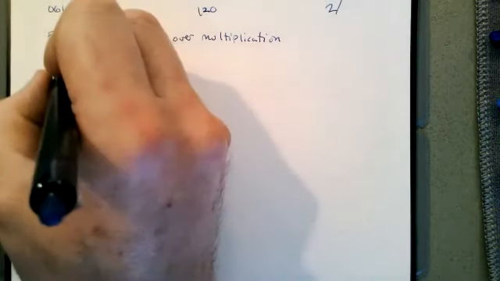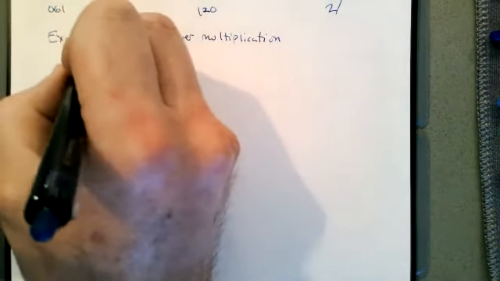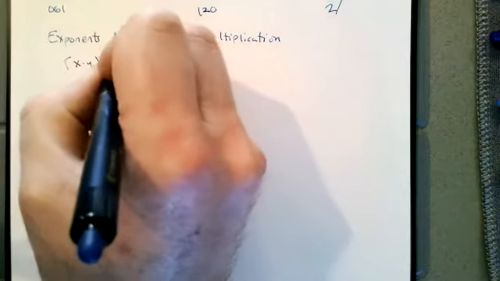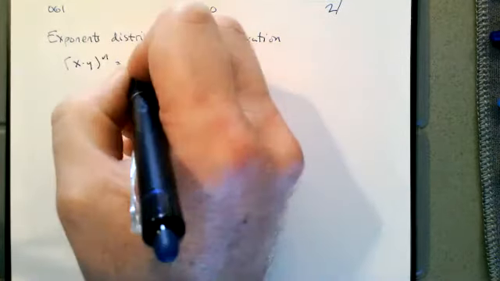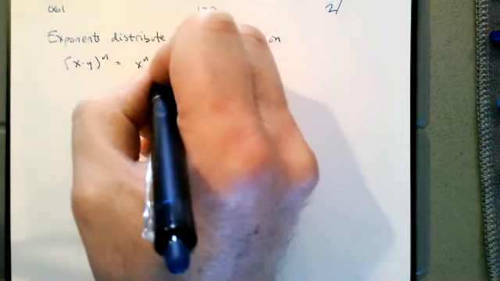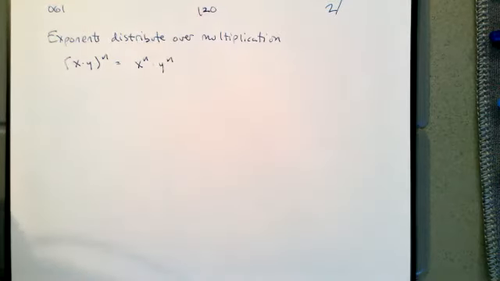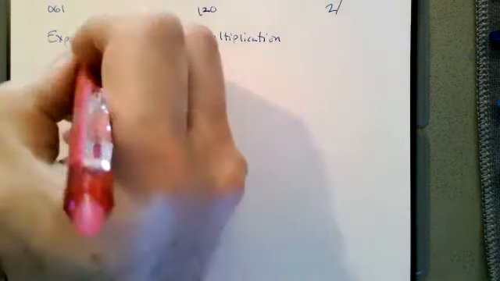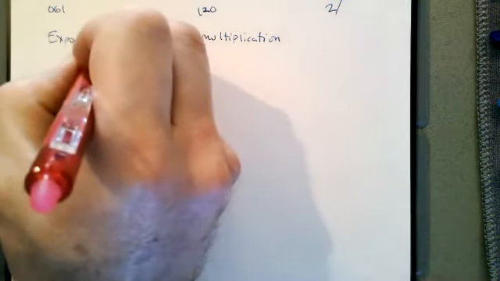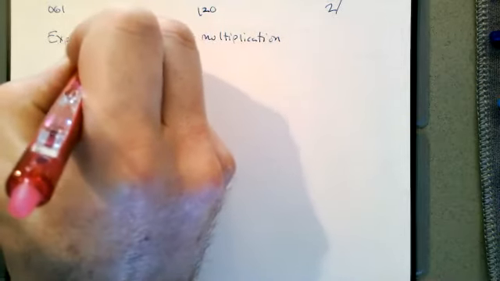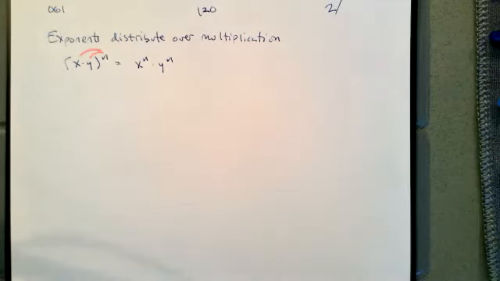So if I have, say, x times y to the n, I can write this as x to the n times y to the n. Exponents go before multiplication unless there are parentheses. If there are parentheses, then exponents distribute over multiplication. So here, I'm distributing the n over the product. I can do this because exponents distribute over multiplication.